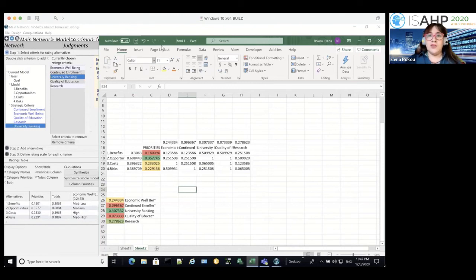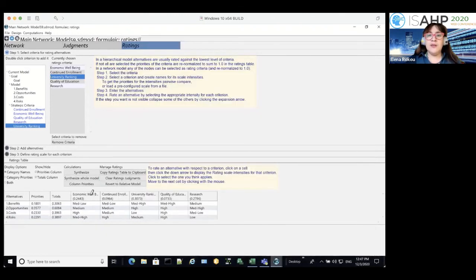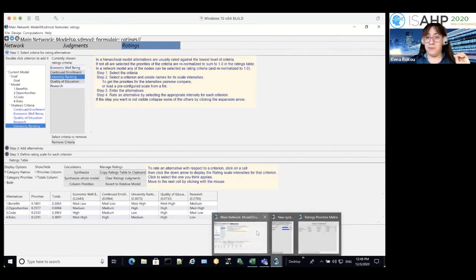A good question at this point is, how do we really enter values in this rating? And although it's not exactly what we're trying to do today, let me just tell you that when I see the ratings table and I see the word benefits, what I put in my mind is the most beneficial alternative, which was to privatize.